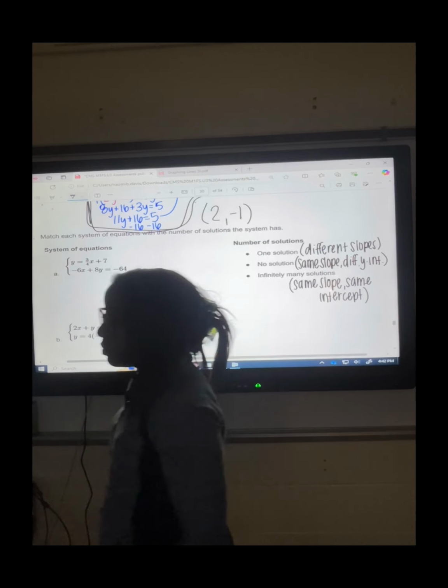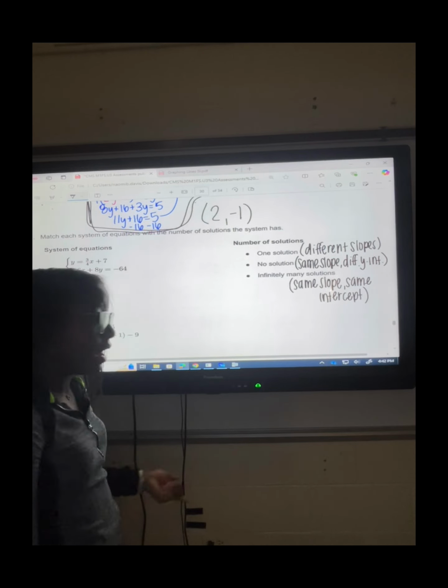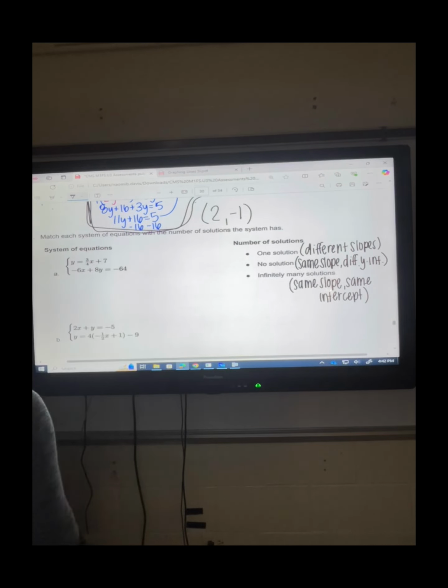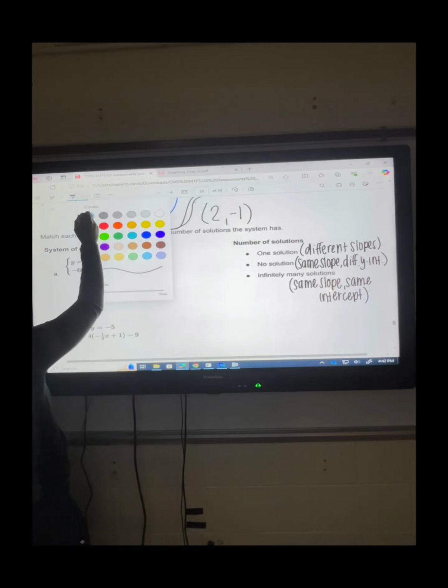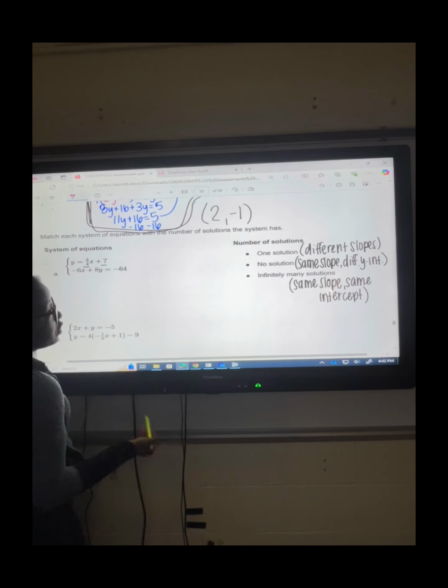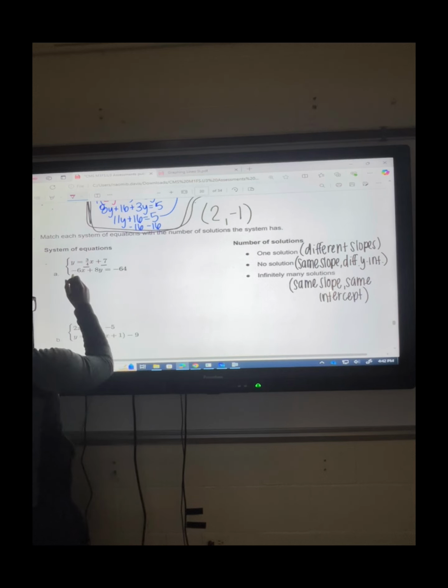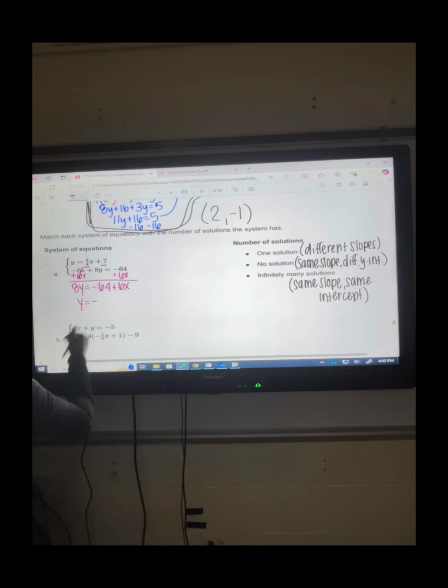Now for all of them, is the slope and y-intercept just laid out right there? No. However, I do know one of them. Look at this one: my slope is 3/4 and my y-intercept is 7. So let me solve the other one for y so I can see what's going on. There are my new equations.